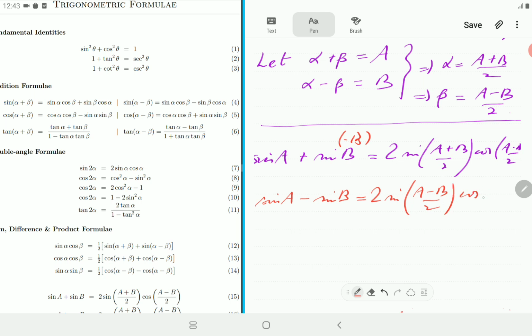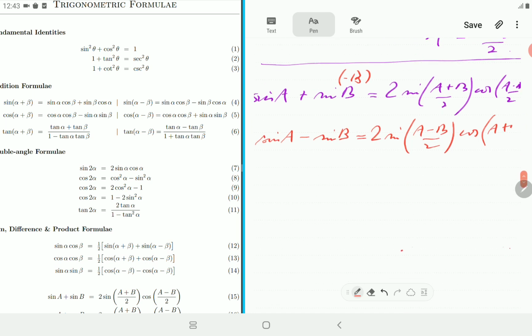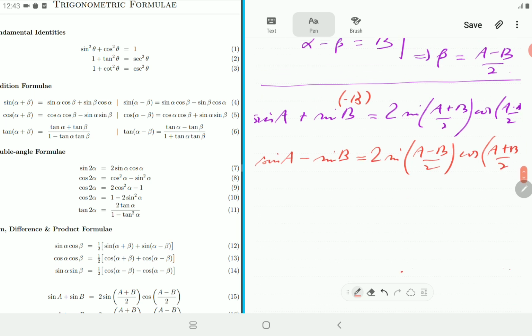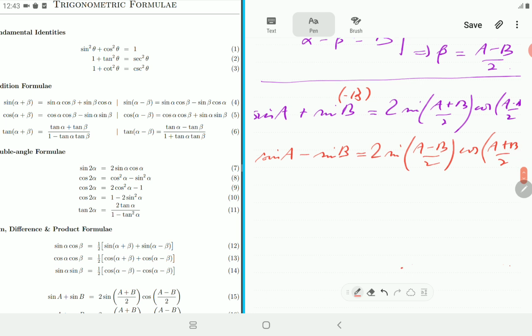Then this A minus B is now going to be A plus B, (A plus B) over 2. And so that is the formula for sine A minus sine B.